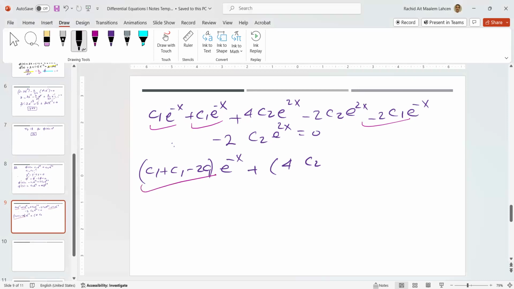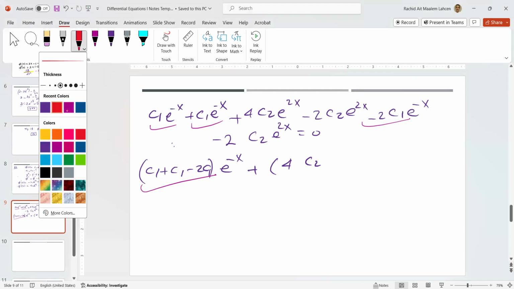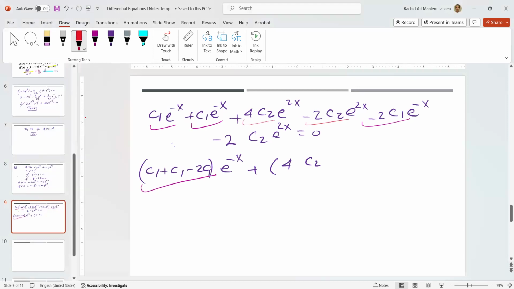Then this and this and this, we need to get these. This minus 2 C2 minus 2 C2, which is 0.